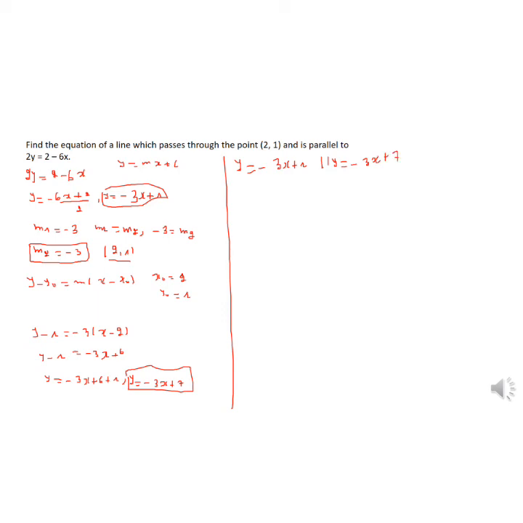Here m1 is equal to negative 3, while m2 is equal to negative 3, which means that m1 is equal to m2, so you conclude that the two equations of lines are parallel.